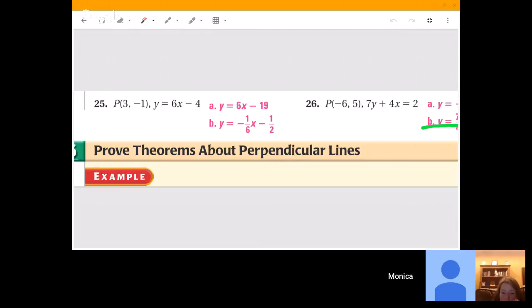Okay. So if we look at this problem, we're supposed to write the equation of the line that passes through the point P and is parallel and perpendicular with the line that's given, okay? So we're going to have to write two equations, and you can see the answers are already on here. But here's how we would do it.